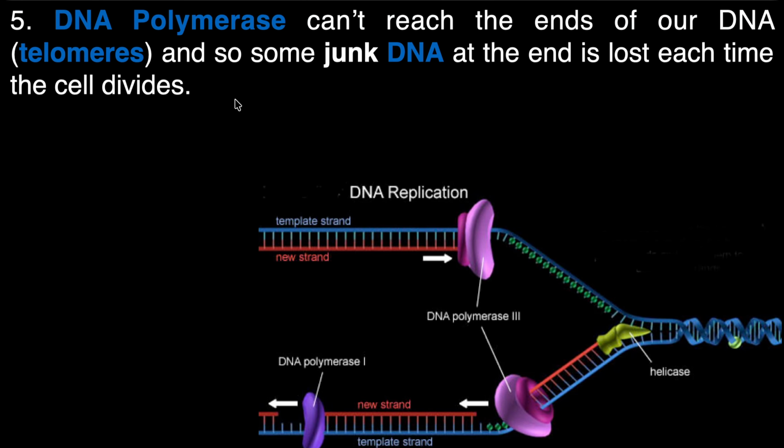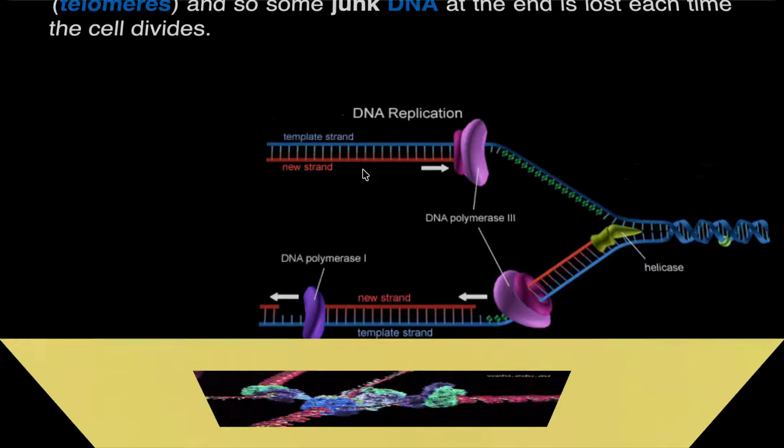And in case you also forgot from the unit that we did on mitosis, you lose a little bit of DNA every time your cells divide. So as a result of that, we do lose little bits of our DNA, but that's why our telomeres exist. And remember, telomeres are just pieces of junk DNA at the very ends.